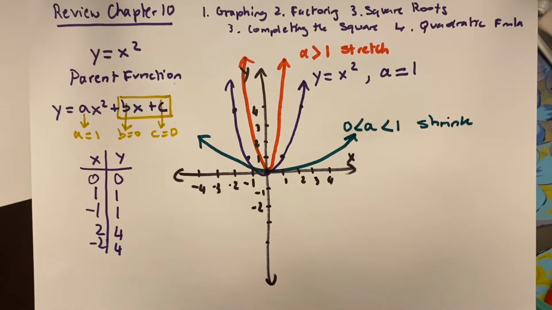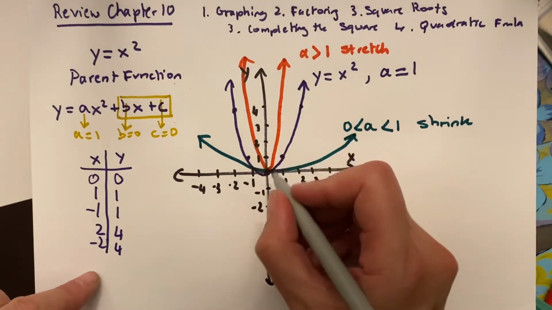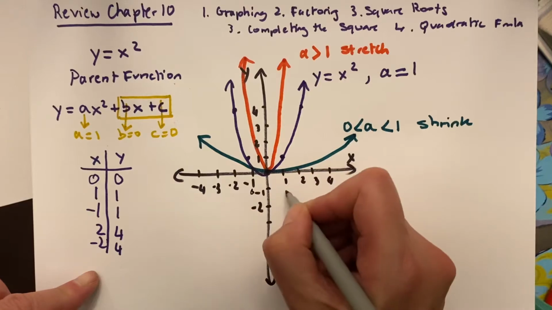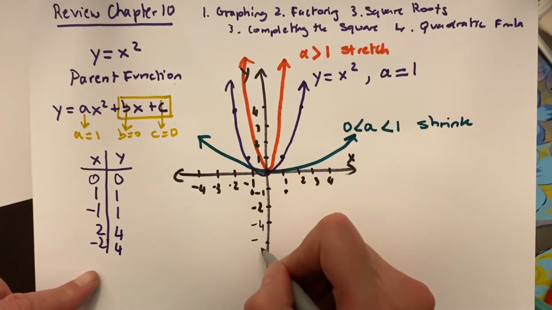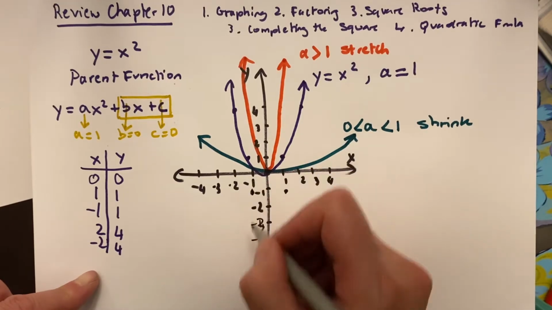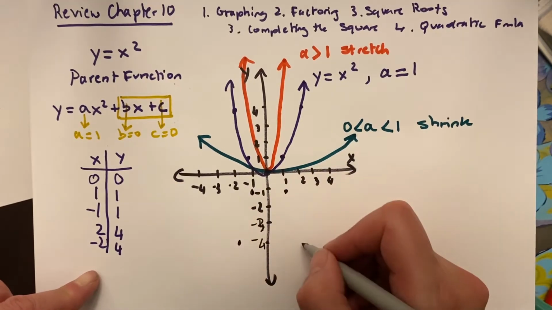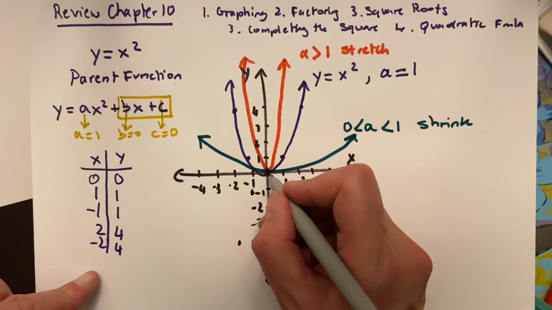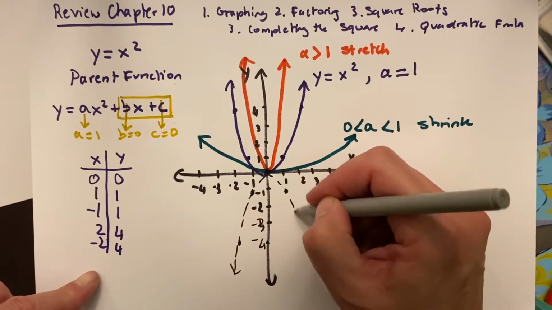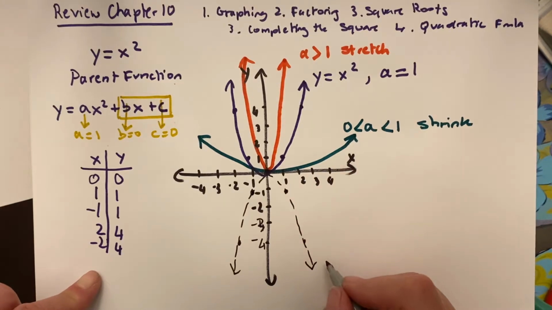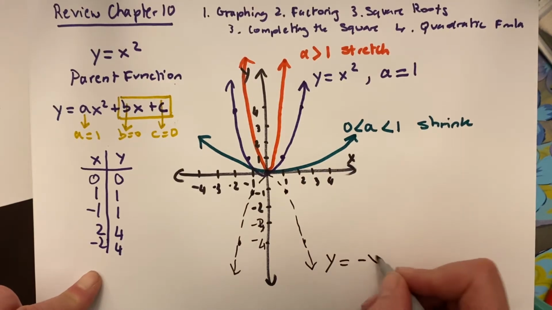Now, the other thing that can happen, and I'll just do this in brown. I knew I was going to need -3, -4 down here. This is y equals -x squared.